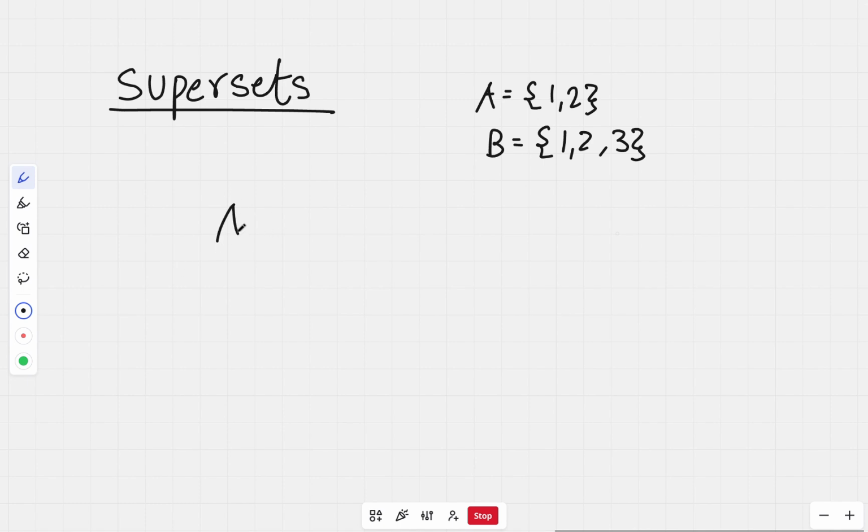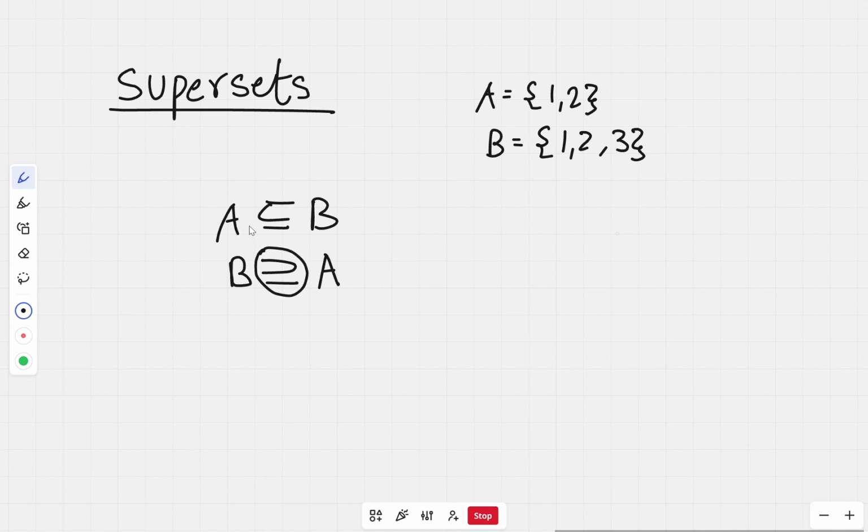Now we know that A is a subset of B. The definition of supersets is, if A is a subset of B, then B is a superset of A. So we can write it as, this is the notation.